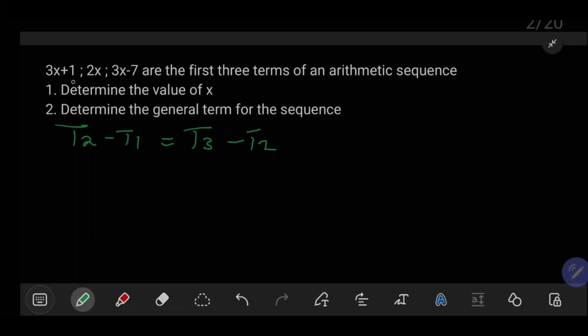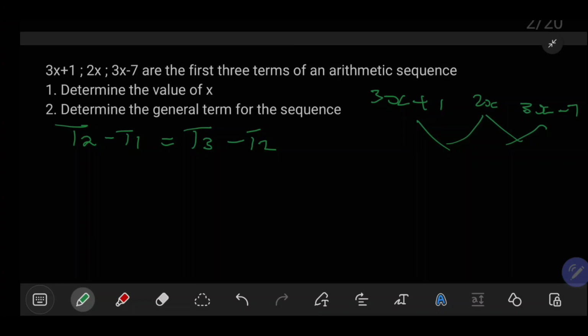So you can see that when we try to find the difference here, 3x plus 1, 2x, and then 3x minus 7, we don't find the exact value of d, but we find d in terms of variables. Okay, so in this instance, we are going to use this formula here.